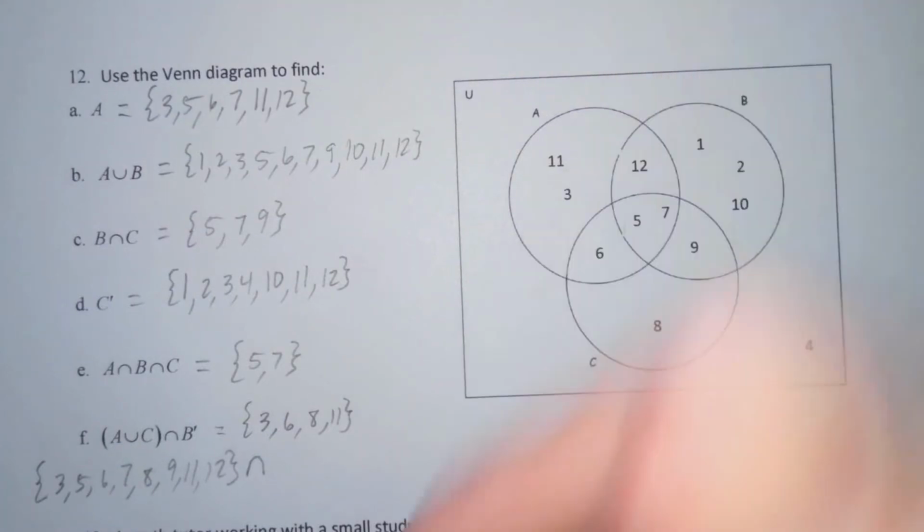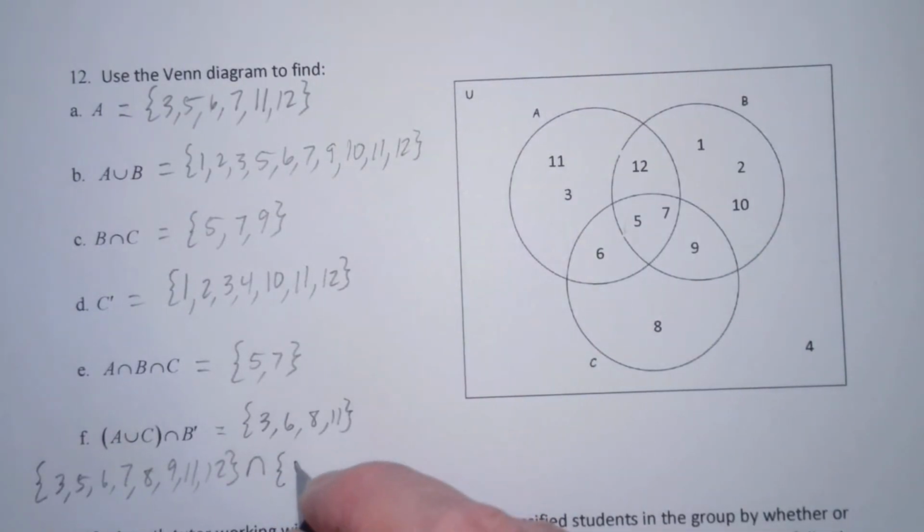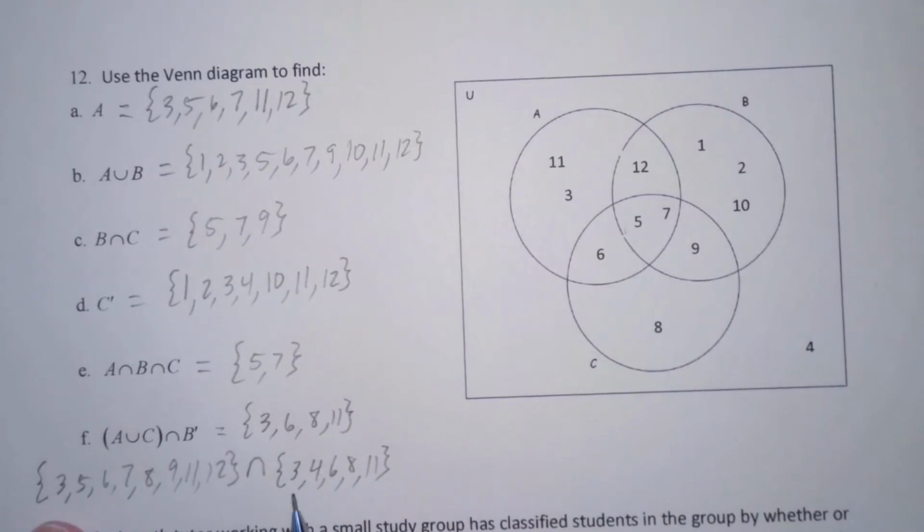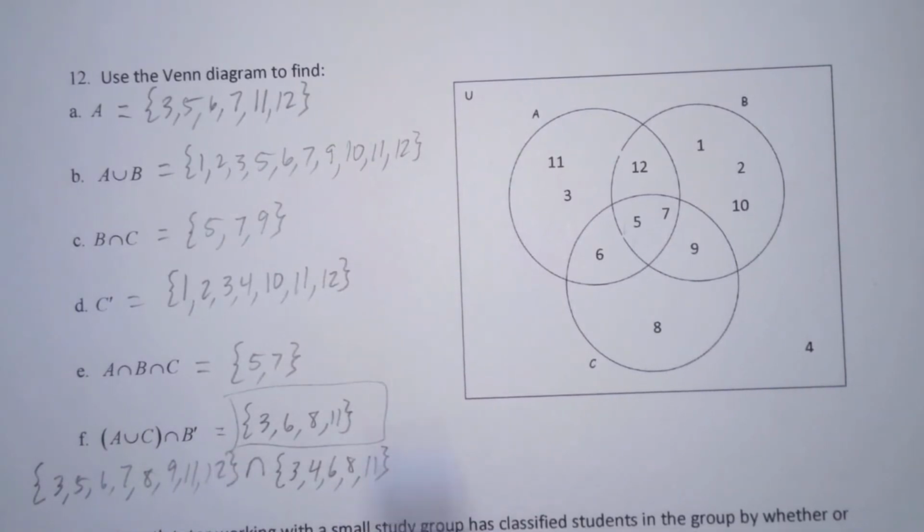I almost missed 11. And if you see what these two sets have in common, it's 3, 6, 8, and 11. All right, so you can do that either of those two ways.